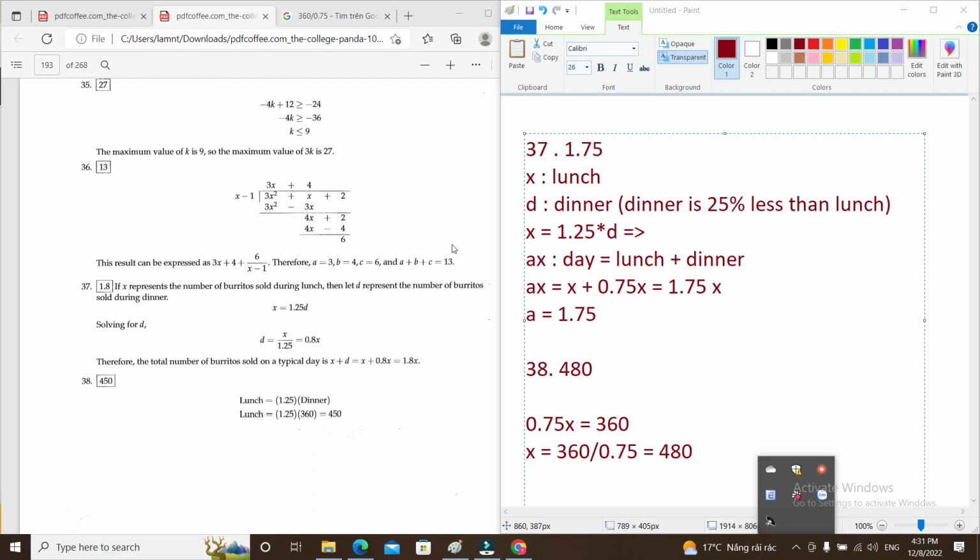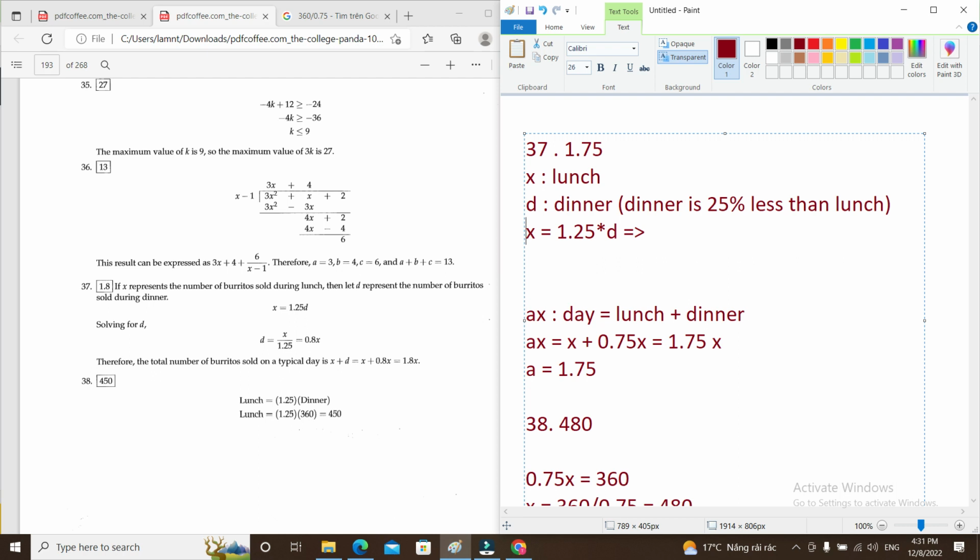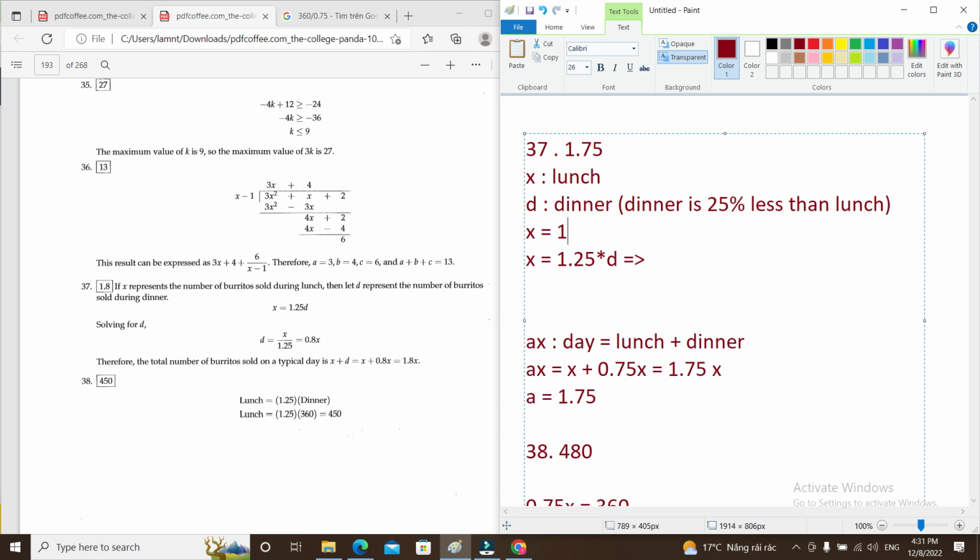So in the official answer, if x is lunch, and we set D for dinner, so dinner is 25% less than lunch, which means x is actually 125% of D. So x is equal to 1.25 D. For that we can express D according to x, which is D is equal to 0.8 of x.